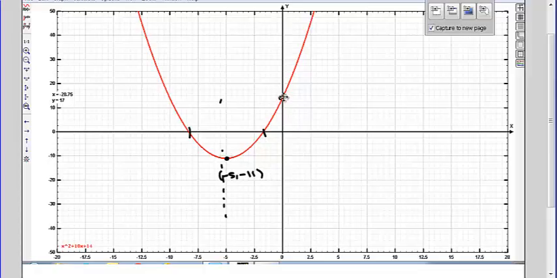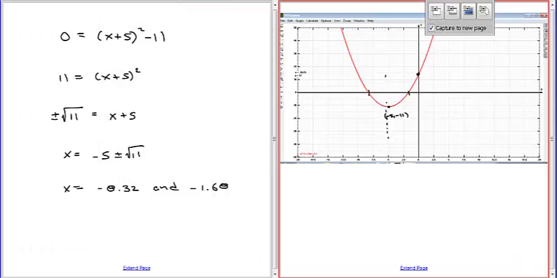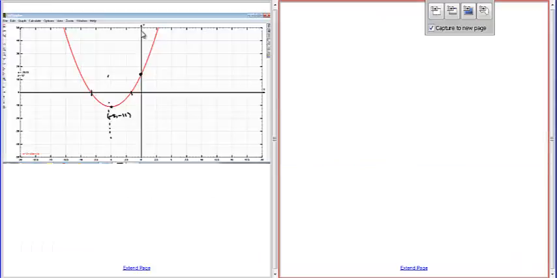We have the y-intercept here, which looks like around 13 or something. What's the original expression? 14. So everything matches. And then we have this point of symmetry here that we could put right over there if we wanted to.